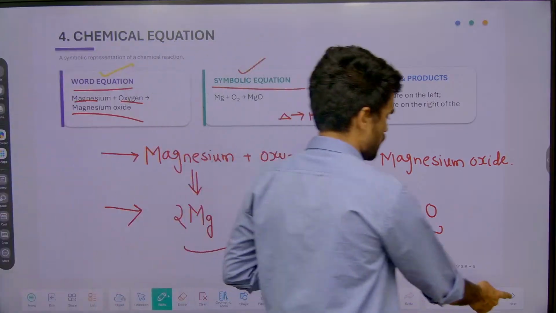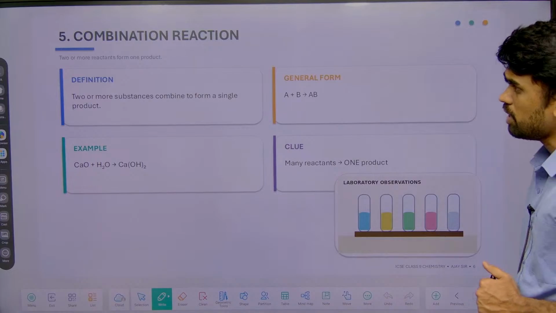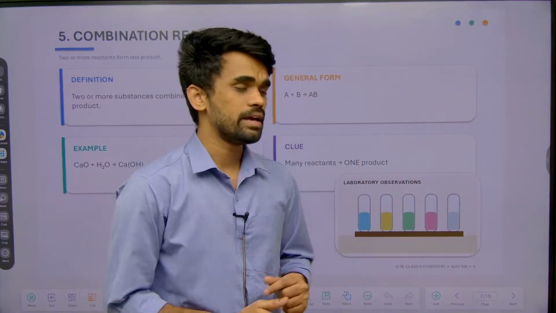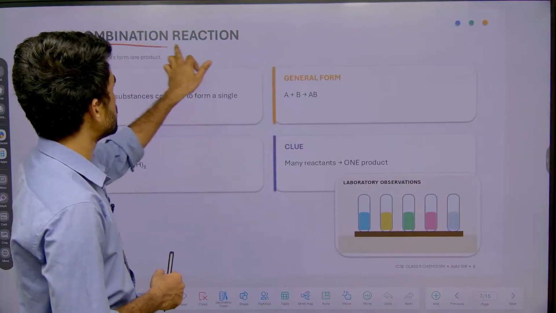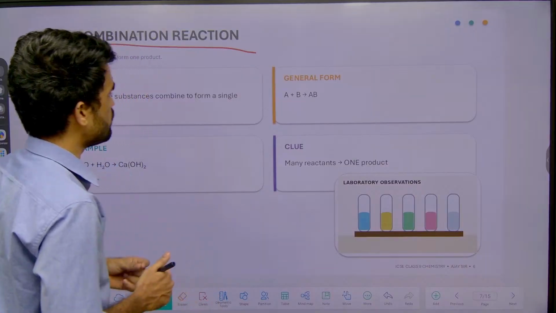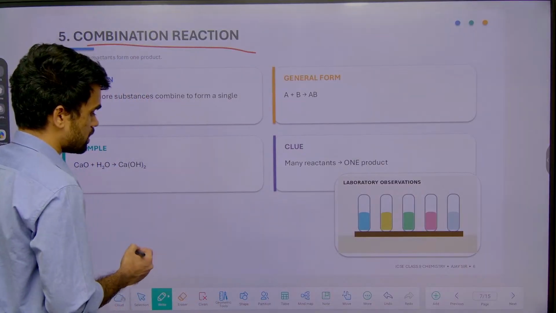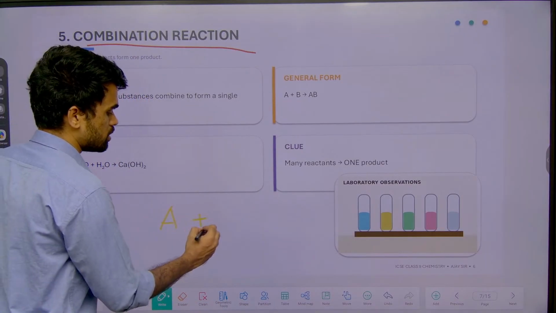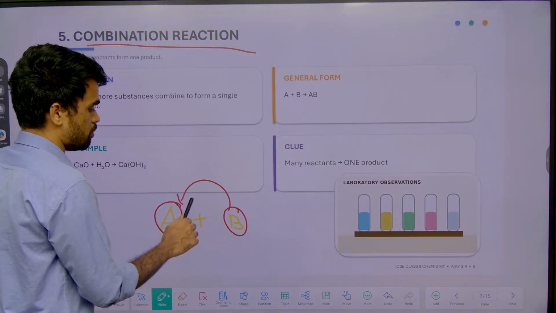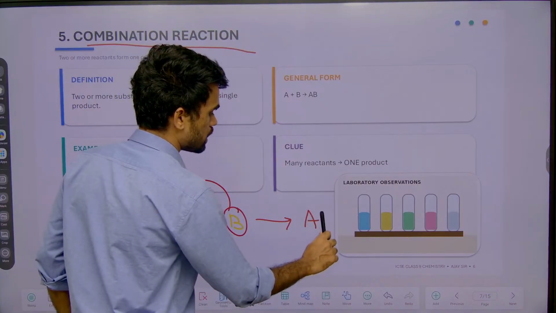Let's move forward. Now these chemical reactions are of different types. The first one is called combination reaction. What do we mean by combination? The name itself says it: starting materials will combine with each other, like A and B will combine to form a final product like AB.